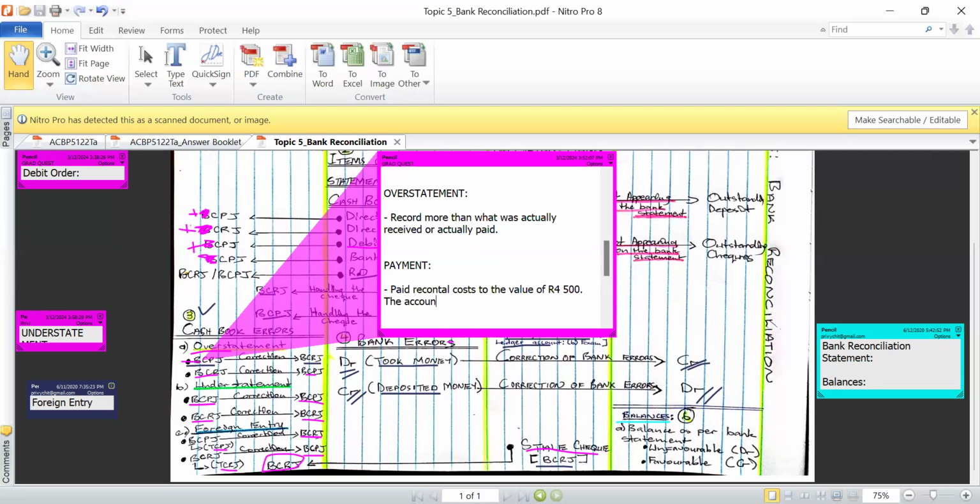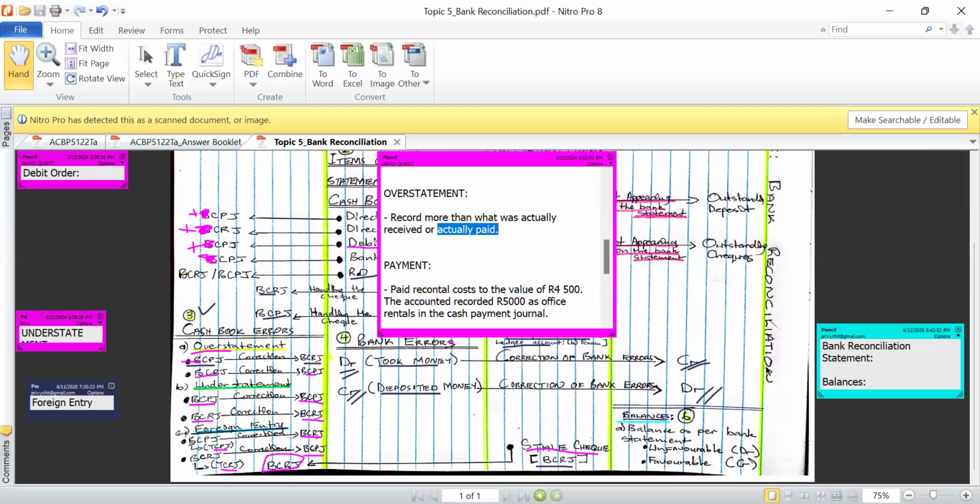Then the accountant recorded 5,000 rands as office rentals in the cash payment journal. You see what happened there? Remember, the actual amount was what? 4,500. But what did the accountant do? He recorded 5,000. So do you see that he recorded more than what was actually paid?